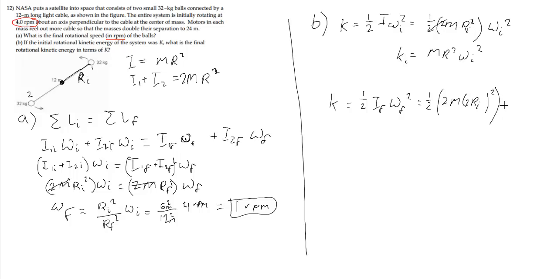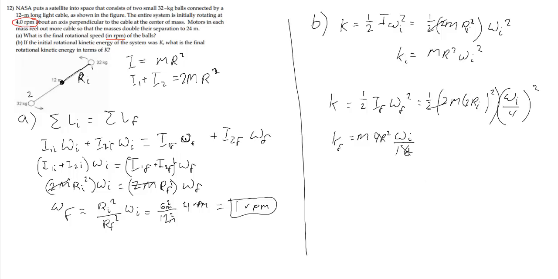squared times our final angular velocity. And if you look, we got 1 RPM for our final angular velocity over here, and we had an initial of 4. So we can actually rewrite our final angular velocity as 1/4 of the initial angular velocity. And this again is squared. So simplifying, we get K final is equal to m 4r squared times omega initial over 16.